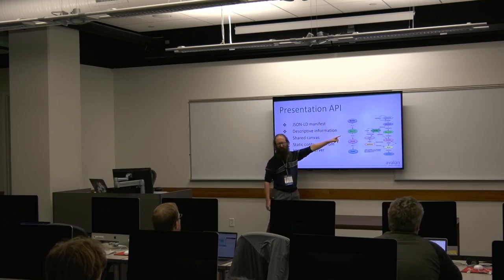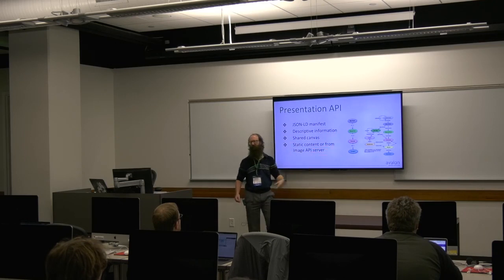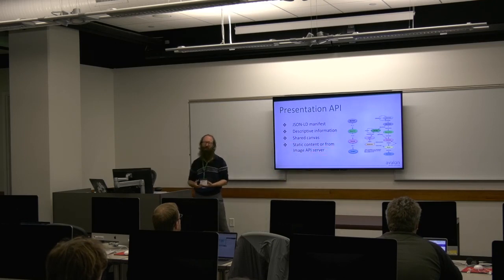This is called sequence here. There are no longer sequences, that's kind of confusing. It is items instead. There's a canvas, and there's content that's painted or rendered onto that canvas.